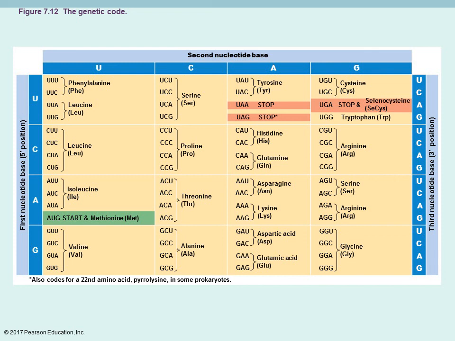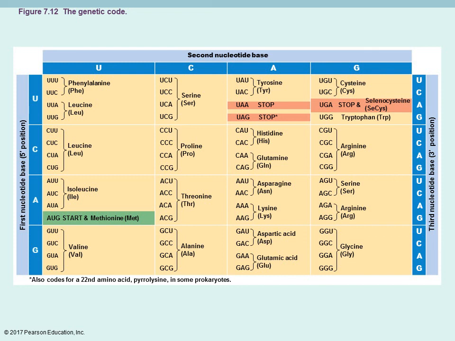Every 3 bases is called a codon. 1 codon is equal to 1 amino acid. So in other words, every 3 bases equals 1 amino acid. And this is showing you what those sequences of bases, what those codons are, and for what amino acid they code for.